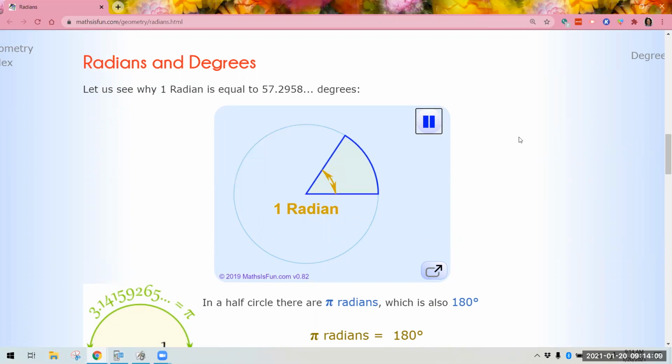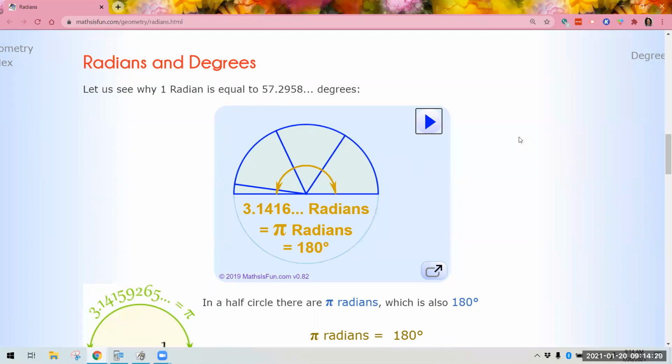So it takes 1 radian, 2, 3, a little bit more. So pi radians is 180 degrees. Does anybody want to see these animations again before I go back to the screen share with the flip chart?